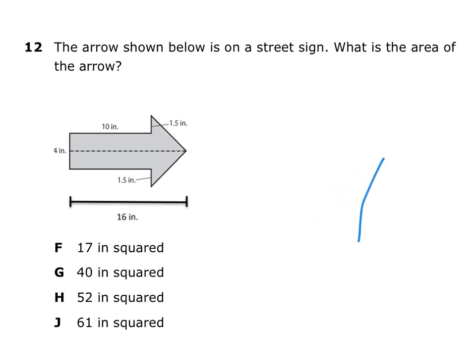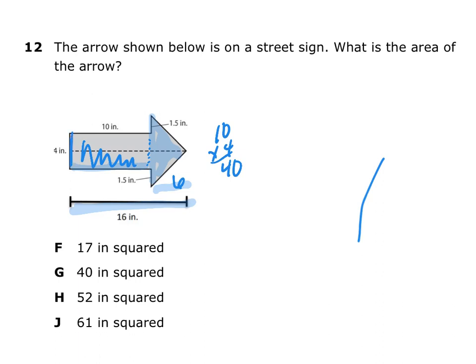Number 12. The arrow shown below is on a street sign. What is the area of the arrow? So we have this little rectangle right here, which is going to be 10 times 4, because it's base times height. So we have 40 there. And then we have the end of the arrow here. Since this whole thing is 16 and this part is 10, from here to here is going to be 6.